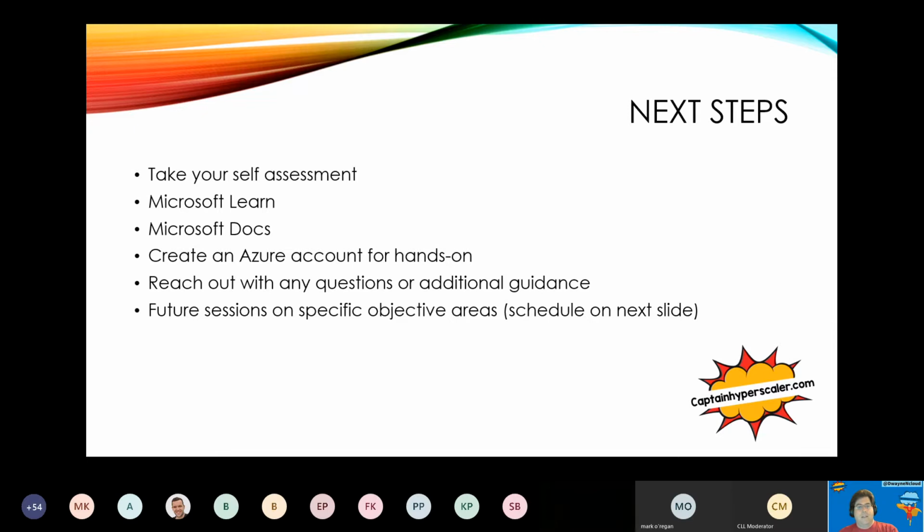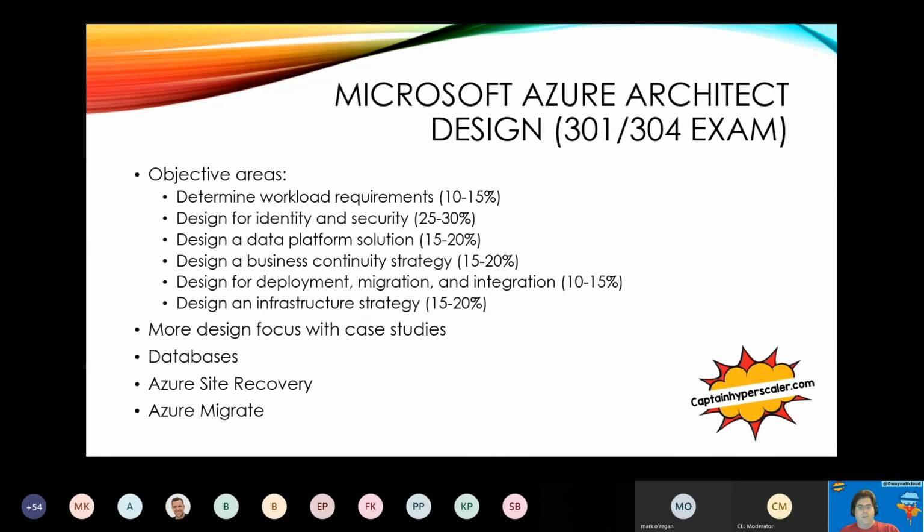from Build 5.9s. Great to go in, and they're Excel spreadsheets that take each of the objective areas, and you can do a self-assessment of, okay, this objective area of designing an infrastructure strategy, I feel 80% confident that I know that area, or designing identity and security.